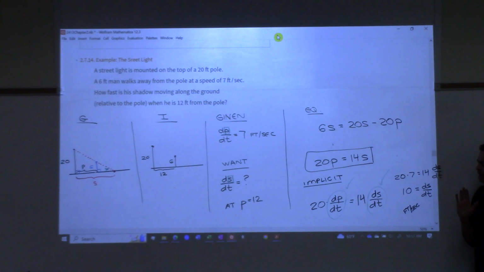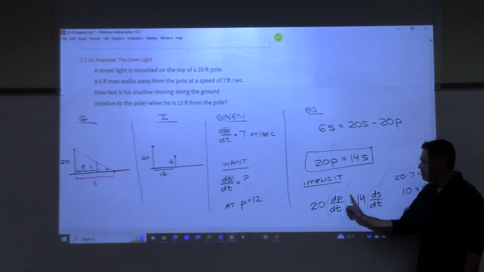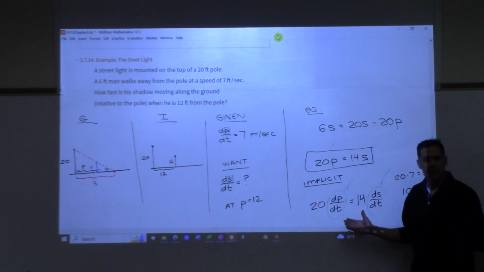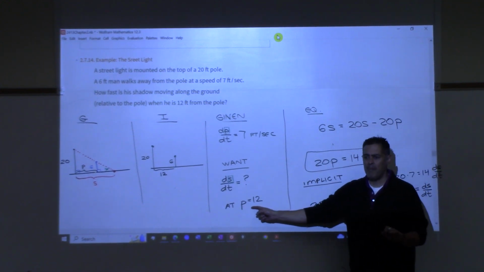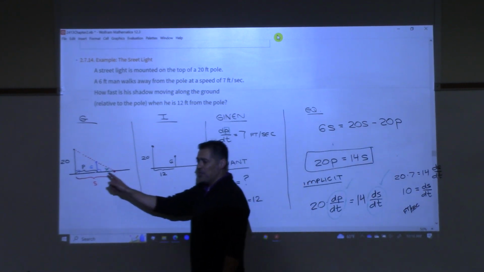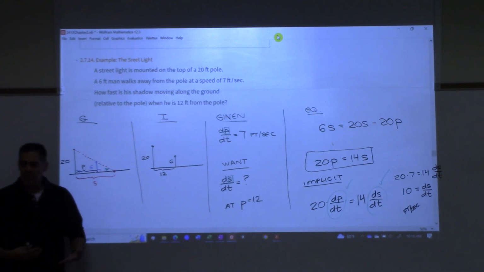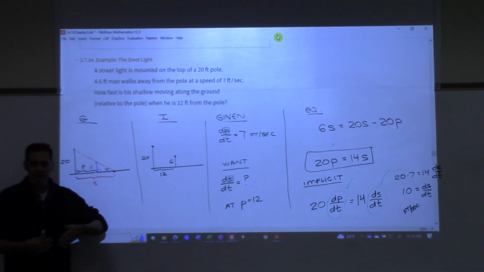But I want you all to see something that I don't think anyone has seen yet. Exactly. The P, in this differentiation, never appeared, right? Which means this P has no impact on the speed of the shadow. That means the position of the man has no impact on the speed of the shadow, where he is.